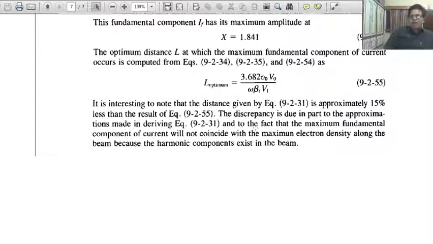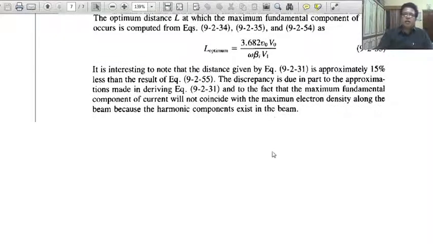That means the existence of the harmonic components in the beam causes this deviation, because due to this the maximum fundamental component of current will not coincide with the maximum electron density along the beam. That is the very important conclusion here. So you remember it.